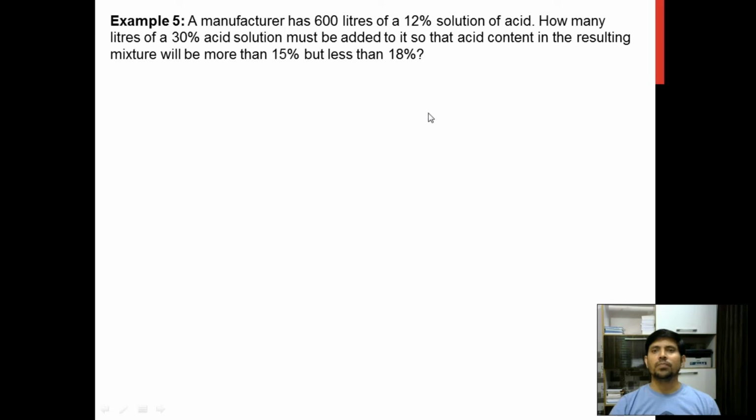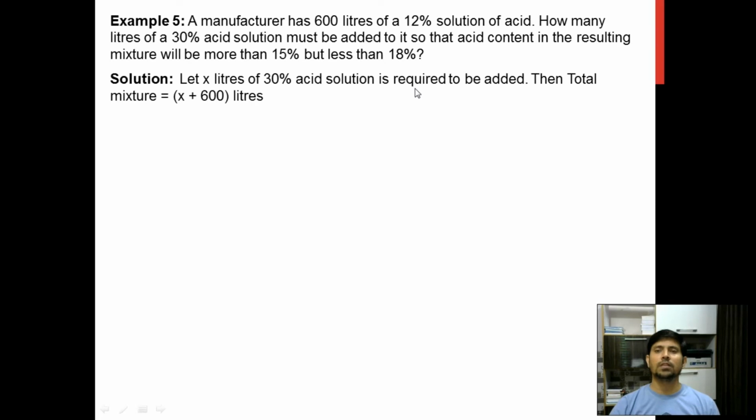We have to find how much 30% acid solution must be added to it. So we will assume here that x liters of 30% solution will be added.